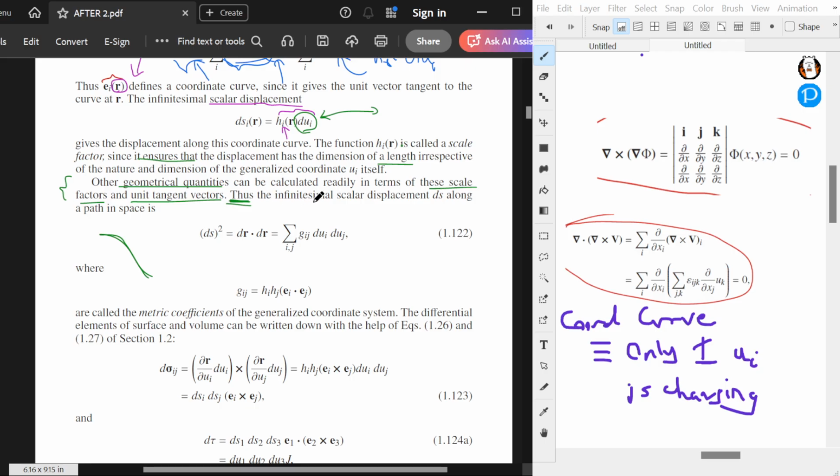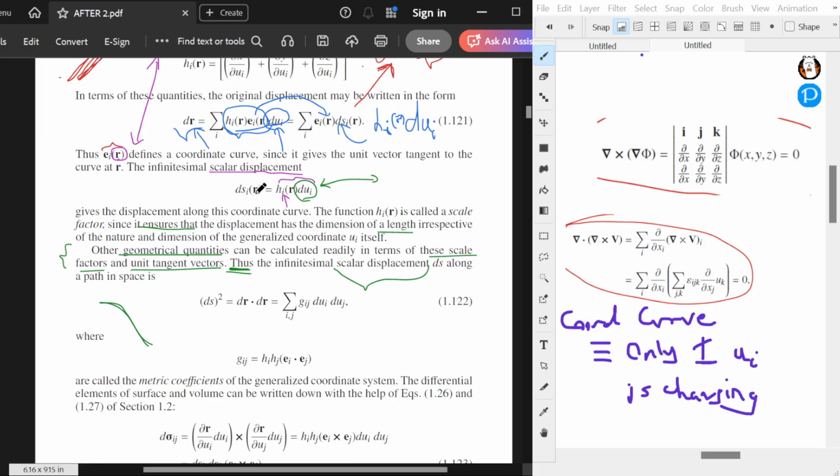Thus, the infinitesimal scalar displacement ds along a path in space. Scalar displacement. Okay. ds.